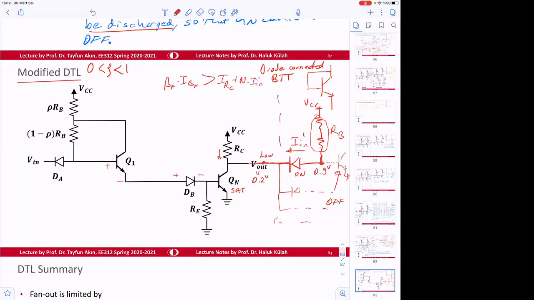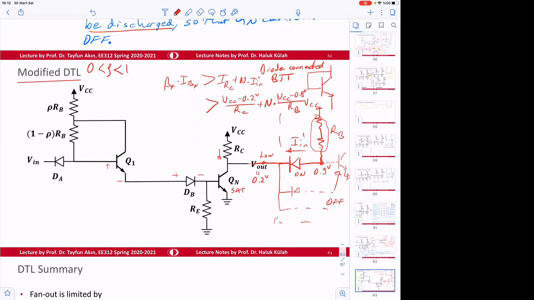Okay, so this side is the same, and then it's going to be VCC minus 0.2 volt divided by RC plus N times VCC minus 0.9 volts divided by RB. So it's same.